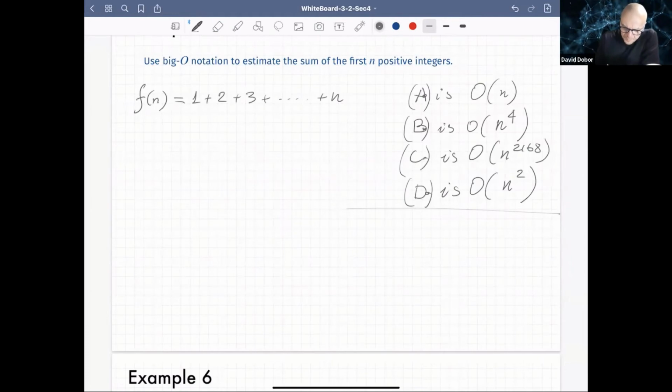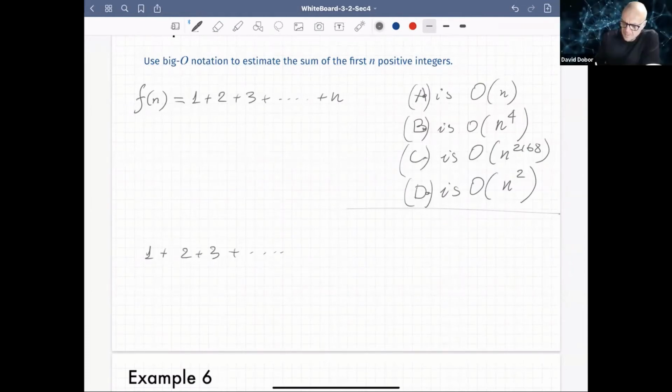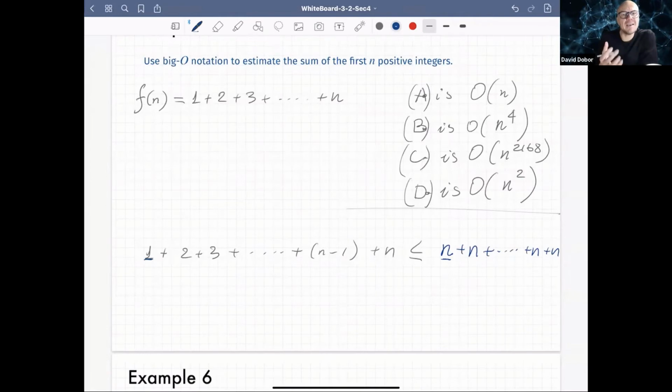So you have 1 plus 2 plus 3 plus blah, blah, blah, plus n minus 1 plus n. This stuff is less than or equal to n plus blah, blah, blah, plus n plus n. This is true for any n greater than 1.